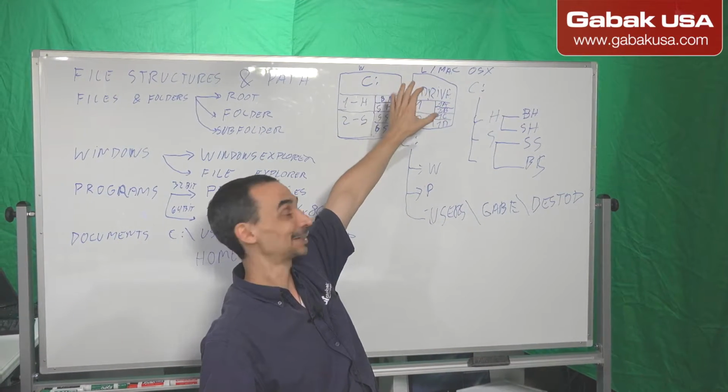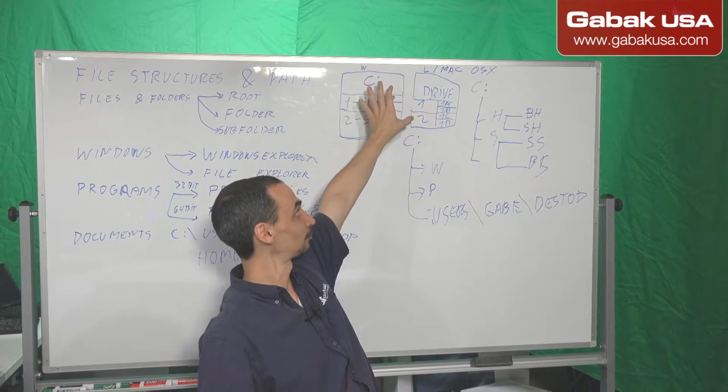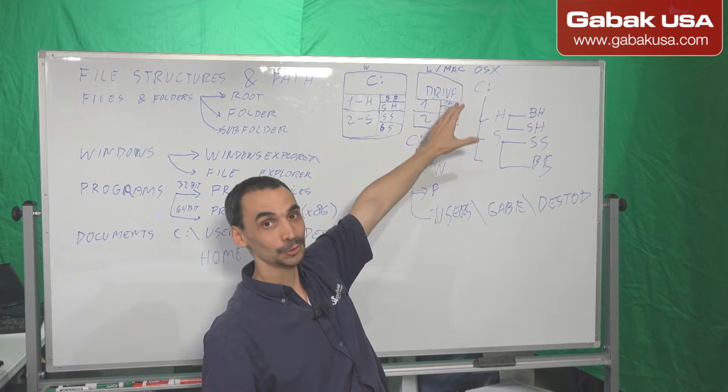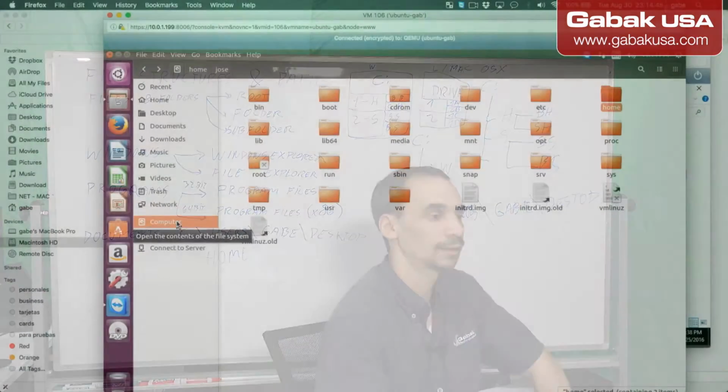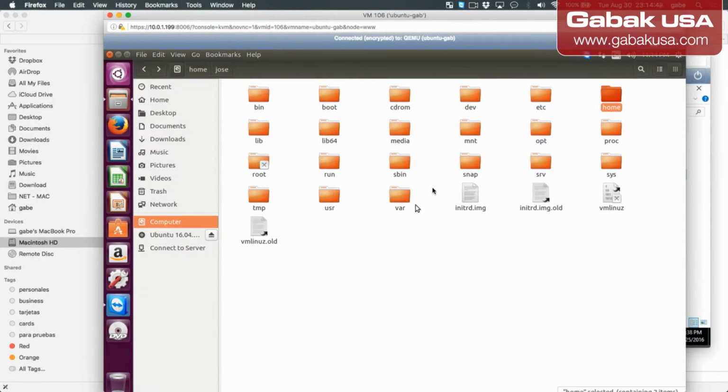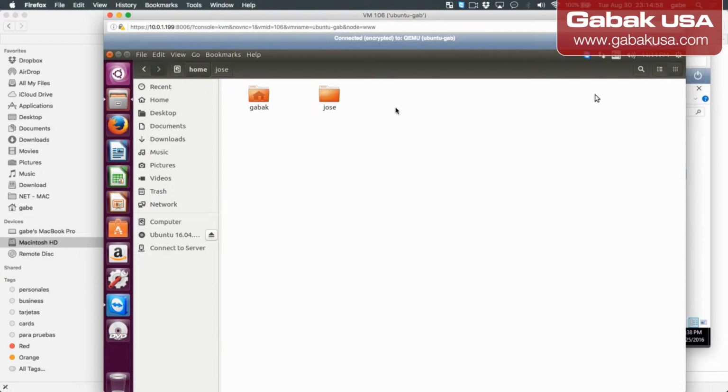C or D and all those names are only for Windows. On Mac and on Linux, for now, we are going to call them drives, and that's it. We have Computer, and we are going to see Home instead of being called Users. It's called Home, so that is the difference.